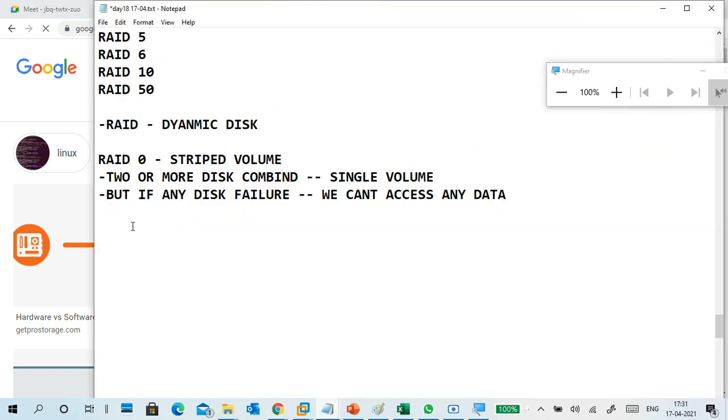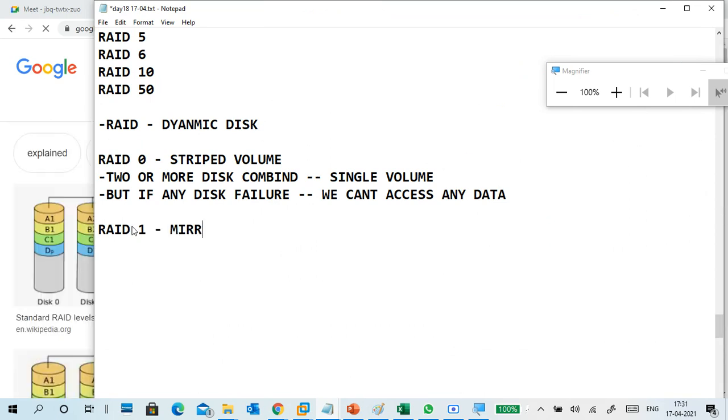So what is this RAID 1? RAID 1 we call it a mirror disk, or a mirror volume.